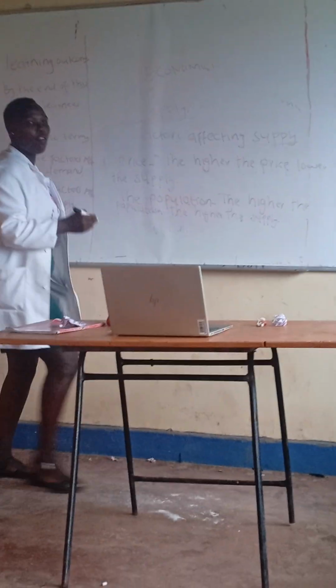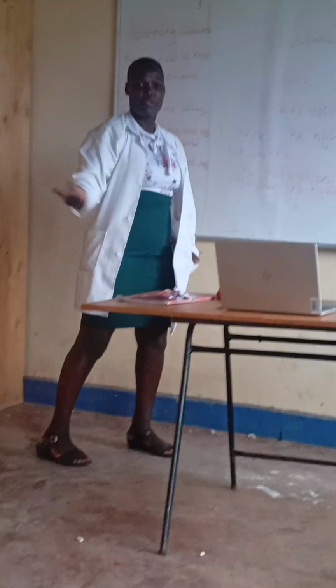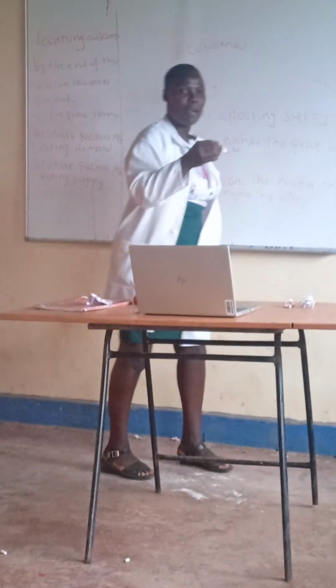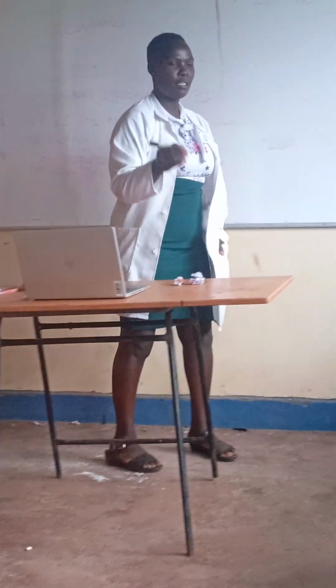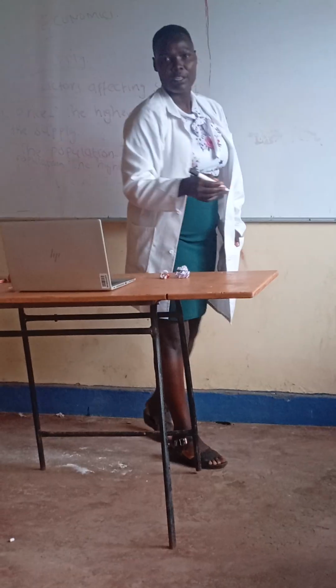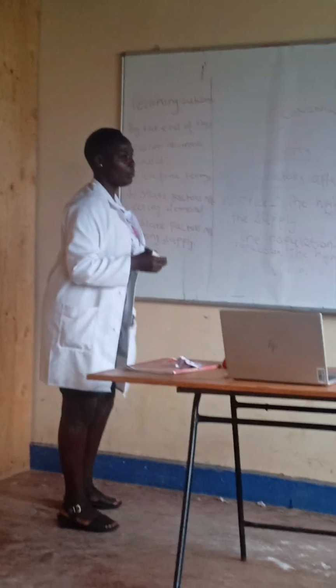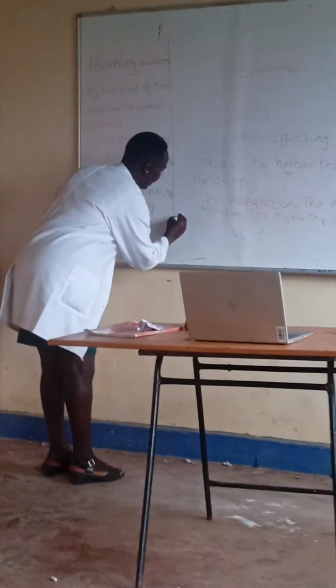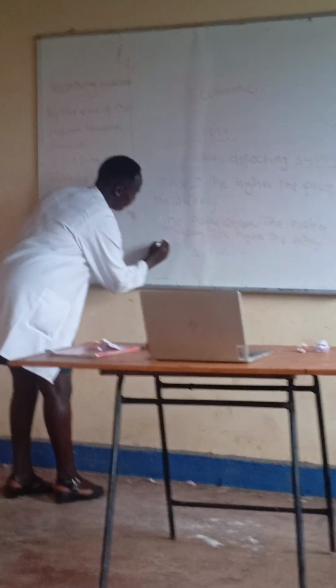If you are supplying over a very wide population of people, you will be able to supply more. But if the population is very small, the scattered one, you will be able to supply less because the supply will be very less.